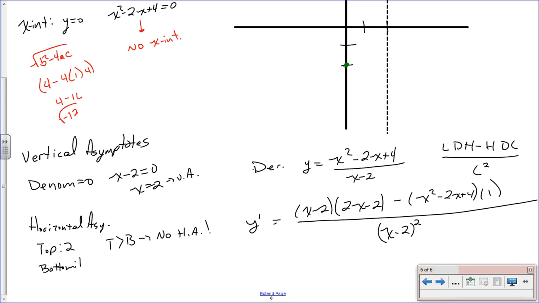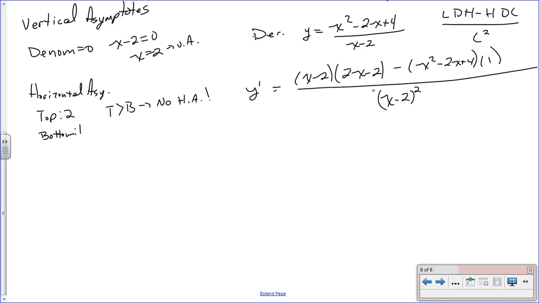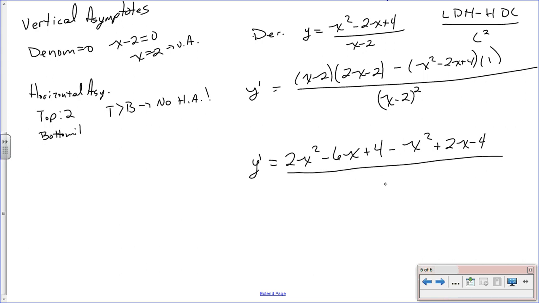Let's simplify this a little bit. If you multiply both of these through and multiply the negative through at the same time, you should get 2x squared minus 6x plus 4 minus x squared plus 2x minus 4 over x minus 2 squared.